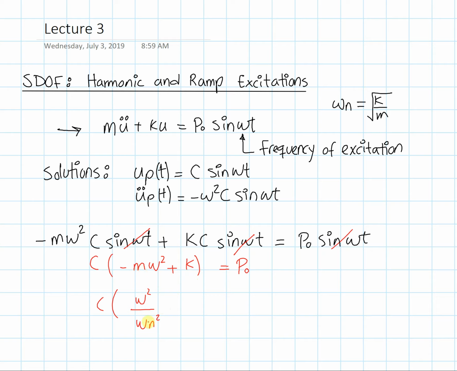So m divided by k is 1 over omega n squared, so we have the bracket of 1 minus omega squared over omega n squared, is equal to p naught divided by k. Okay, so now we can solve for C, and what we observe is that C is equal to p naught divided by k, times 1 over 1 minus omega over omega n, and there's a square term here. There it is.